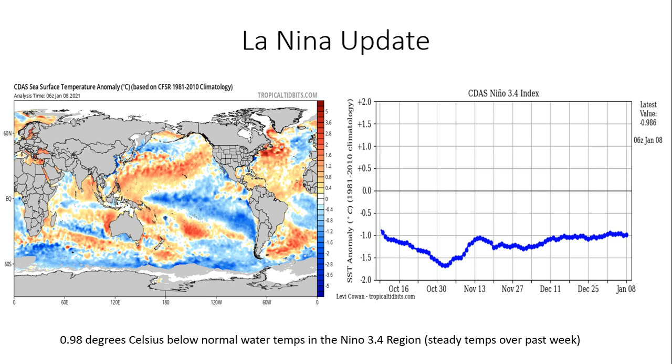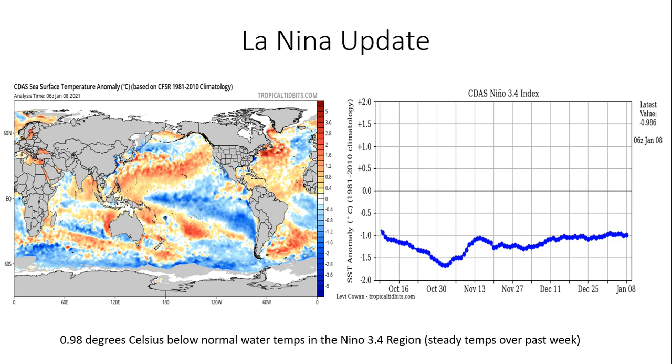And then you'll notice how the temperatures warmed in the Nino 3.4 region right around November 13th to the 15th, that blue line kind of goes back up, and it basically results in a 1 degree Celsius below normal temperature departure around mid-November. And now take a look how the blue line has steadied out from December 11th to today's date, January 8th.